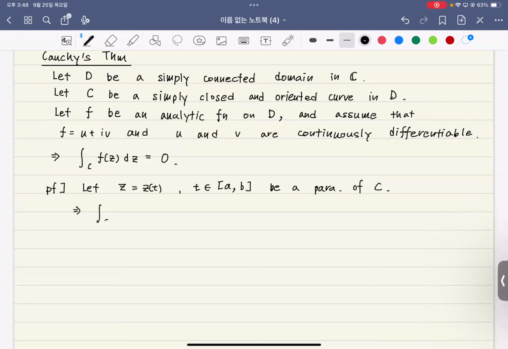Because of our definition, it should be the integral from a to b of f(z(t)) times z dot (t) dt.